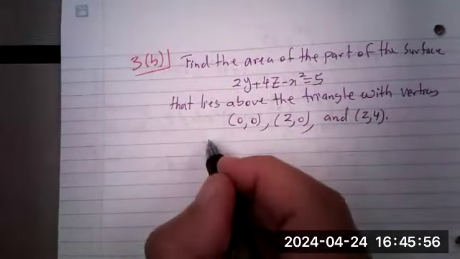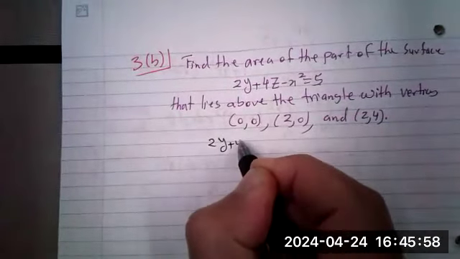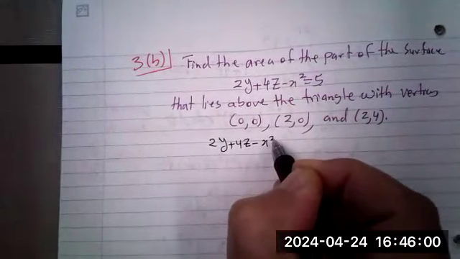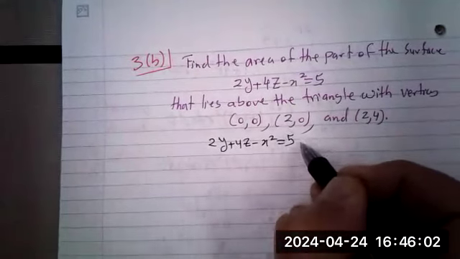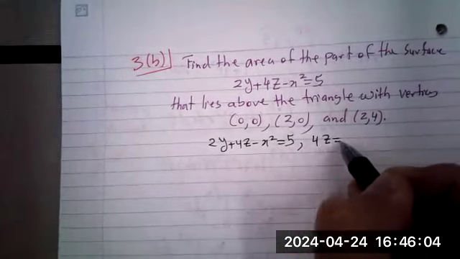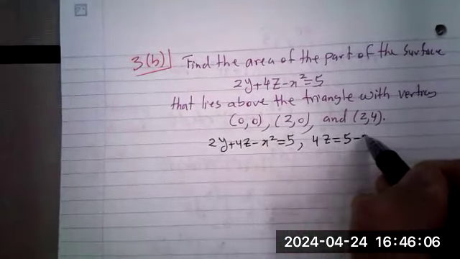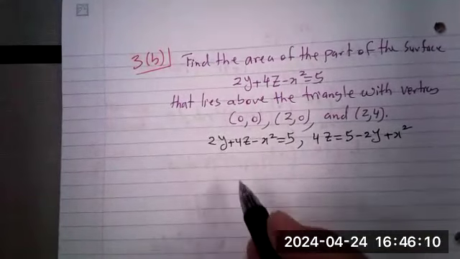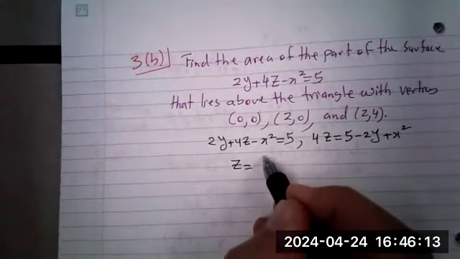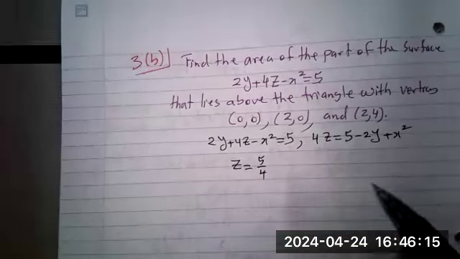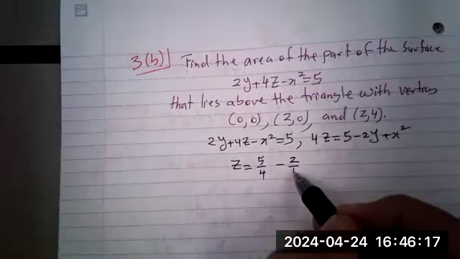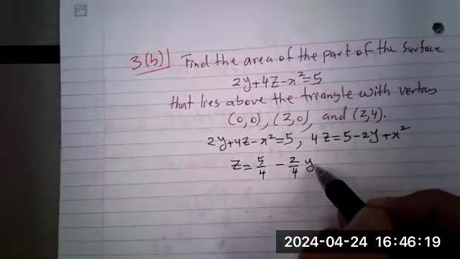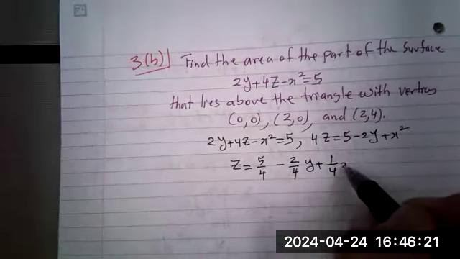So I have 2y plus 4z minus x squared equal to 5. So 4z is equal to 5 minus 2y plus x squared. You divide by 4. So z would be 5 quarters minus 2 quarters of y plus a quarter of x squared.